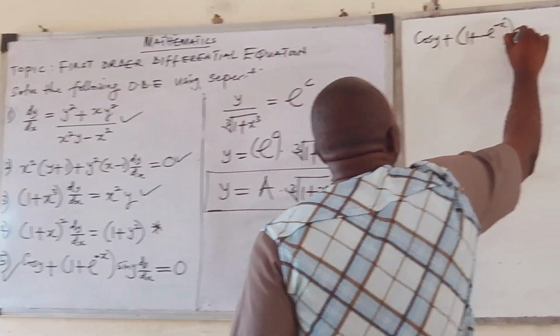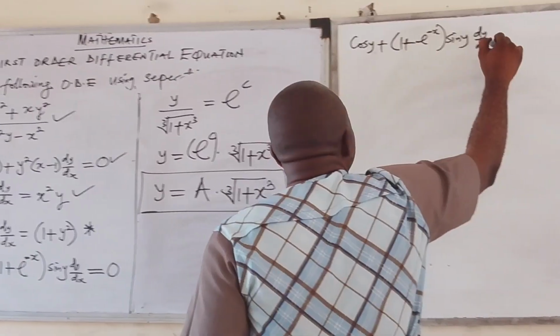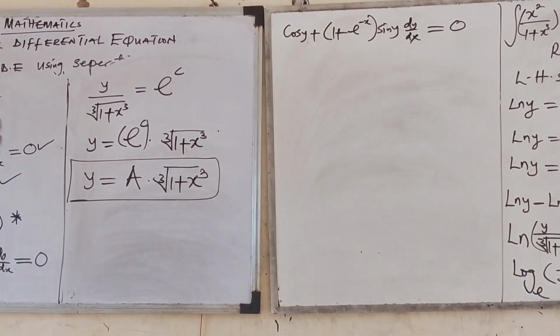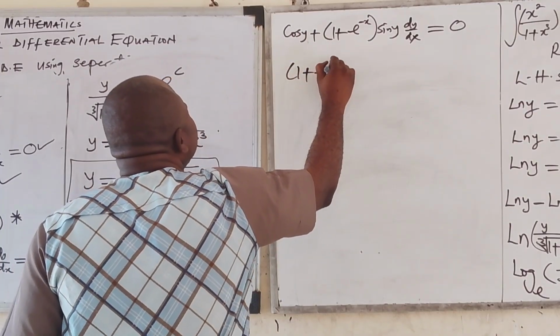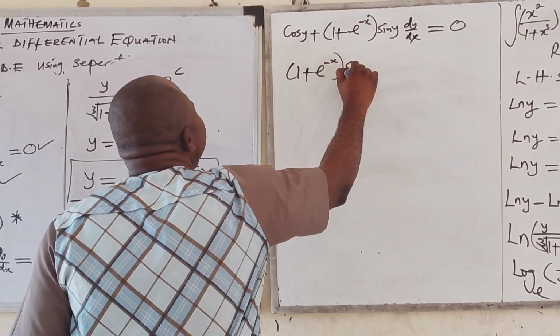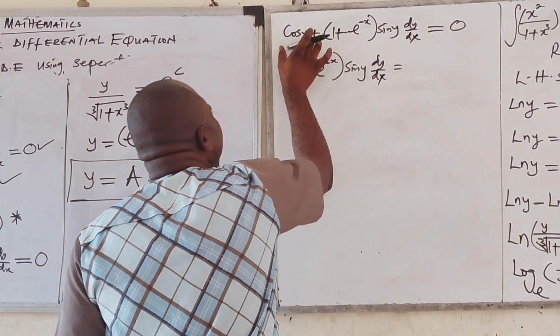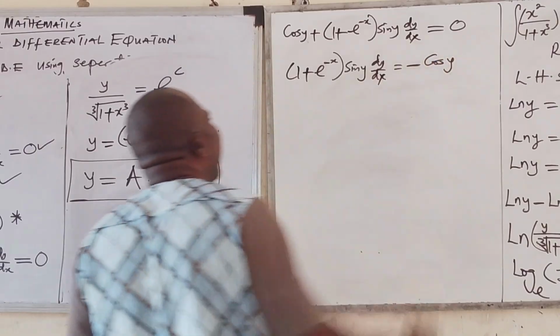So this is the same thing as saying 1 plus e power minus x, sine y dy all over dx will be equal to, if you take cos y to the other side, we have minus cos y.